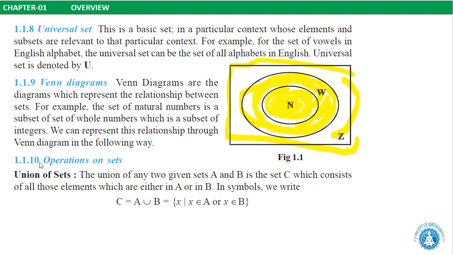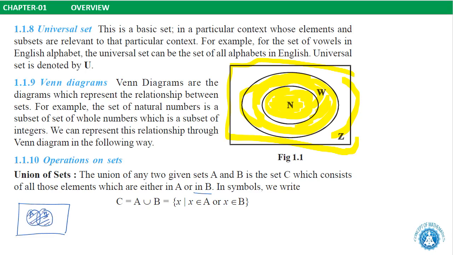Next comes union of sets. The union of any two given sets A and B is the set C, which consists of all those elements which are either in A or in B or both. Suppose this is our universal set, and this is set A, and this is set B. Then A union B is represented by this whole thing.